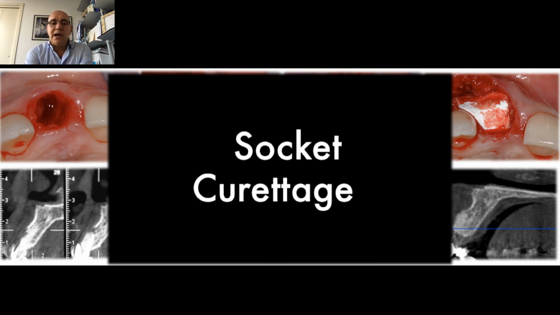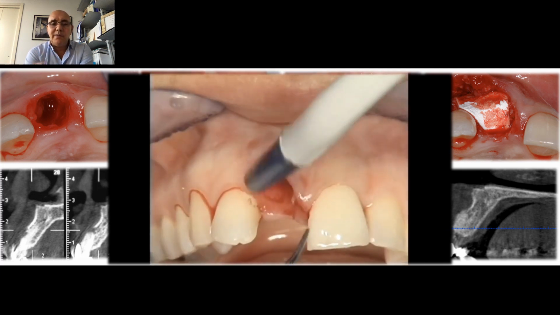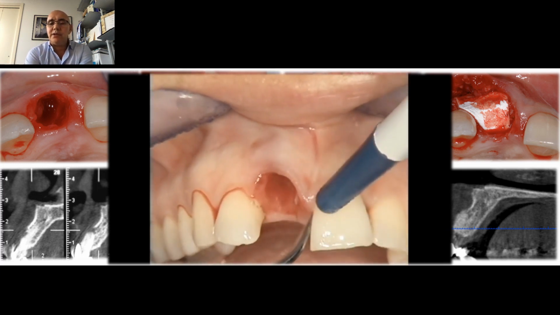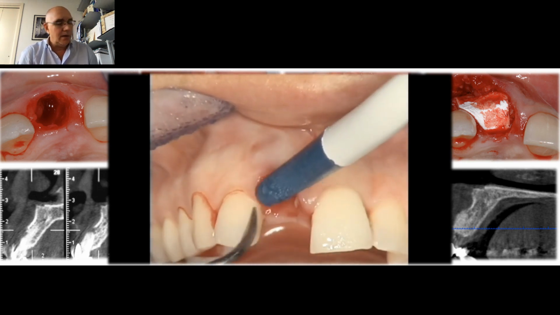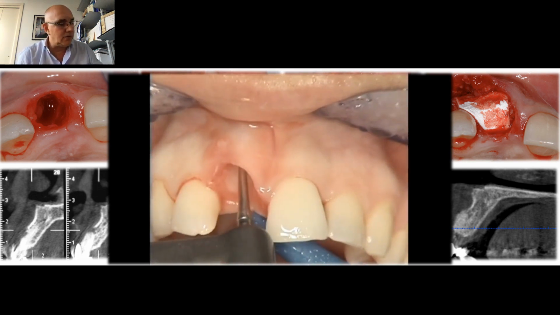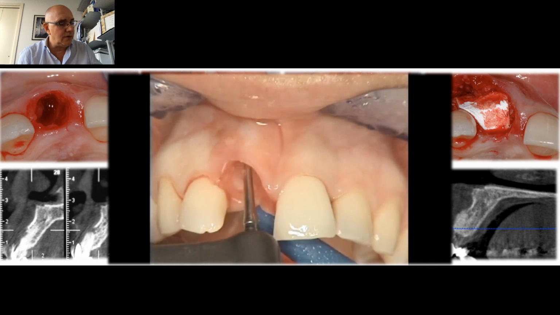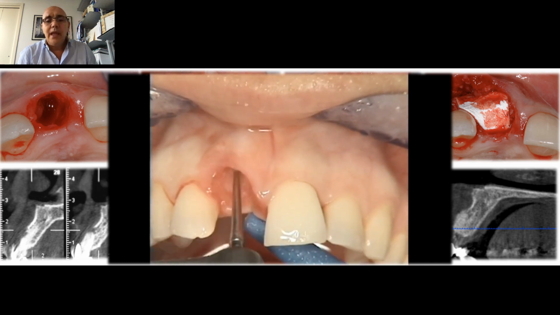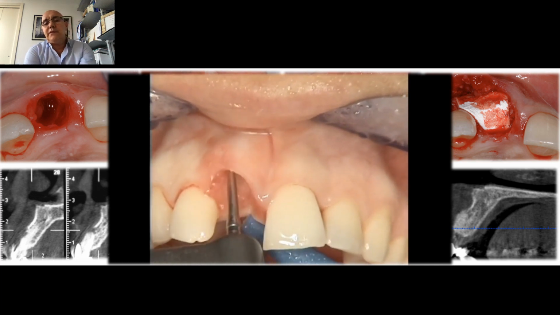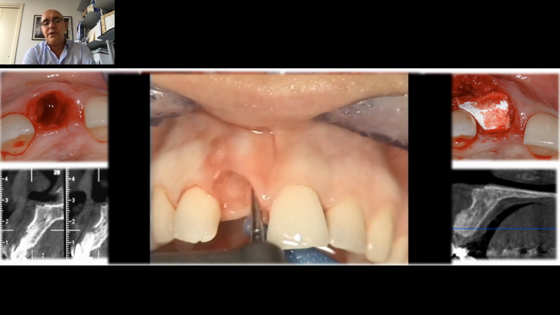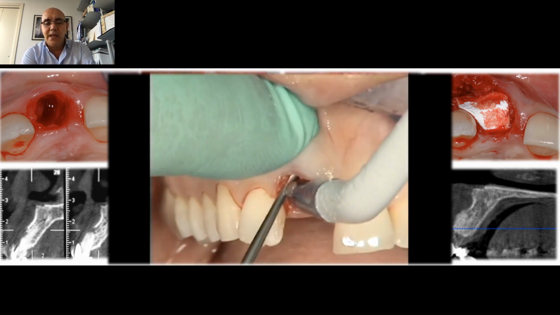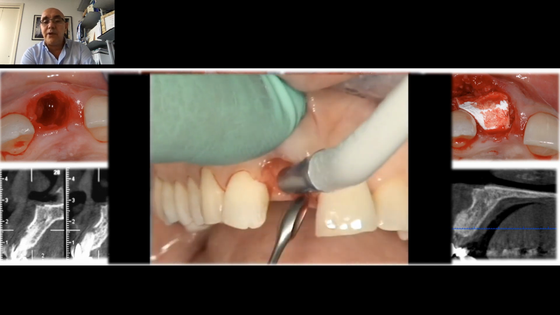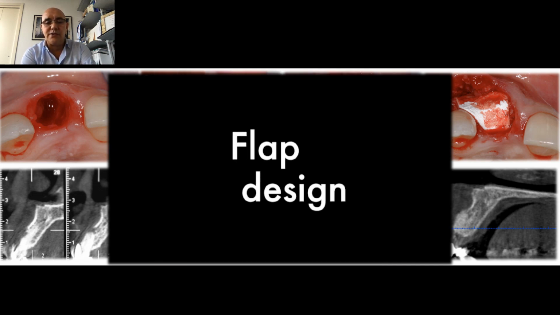The socket curettage is quite important because we want to make sure that we get rid of all the granulation tissue, so there should be no residual granulation tissue at all in this situation. And basically, we use these long shank burrs that are called the perioset burrs from Intensiv, and we try to debride as much as possible this extraction socket.